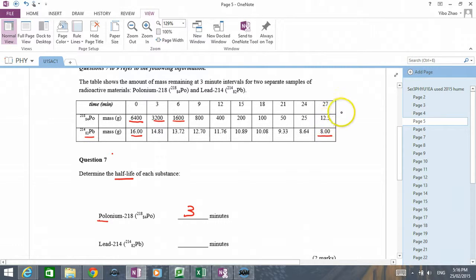So if I wait 27 more minutes, it will be halved again. So the half-life, the time it takes for lead to reduce in half, is 27 minutes for lead-214.